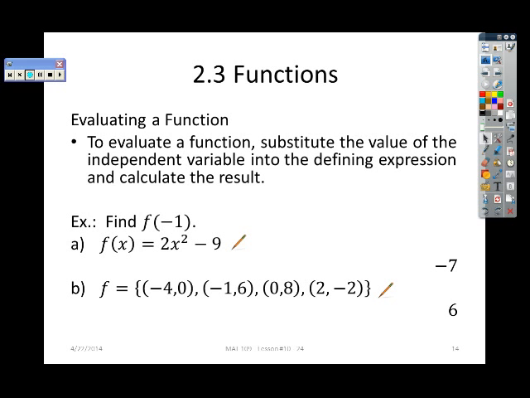If there had been a repeated first element, then the second one would have to be the same in order to be a function. If it's not a function, we really can't do this sort of thing. What you're talking about is determining whether or not it is a function. As far as evaluating it, you have to have a function, or else evaluating it doesn't make much sense, because you don't know which answer to take on your output.